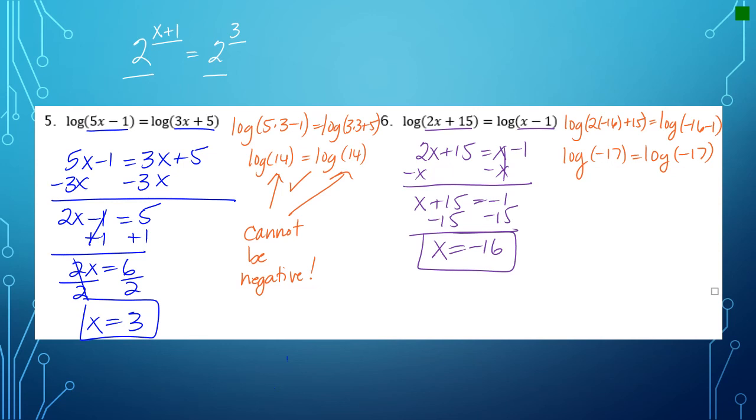So you'll see that I did come out with the same thing on both sides. The catch is these numbers cannot be negative. If you type in log of negative 17 into your calculator, it's going to give you an error, meaning that it's not in the domain. So even though we came out with a solution for this problem, it's extraneous, meaning the x value does not live in the domain of logarithms.